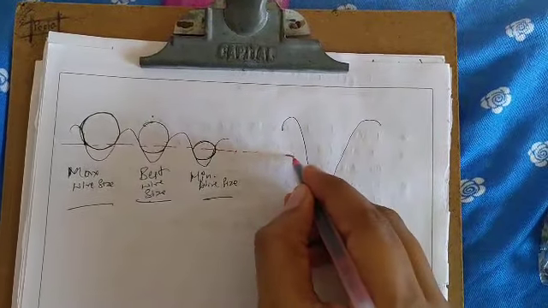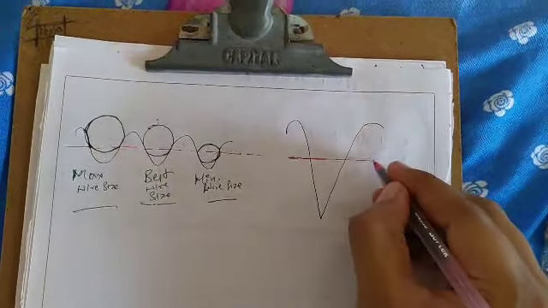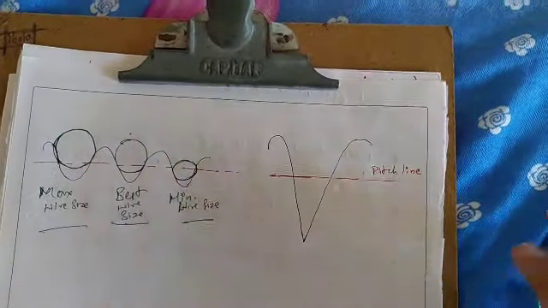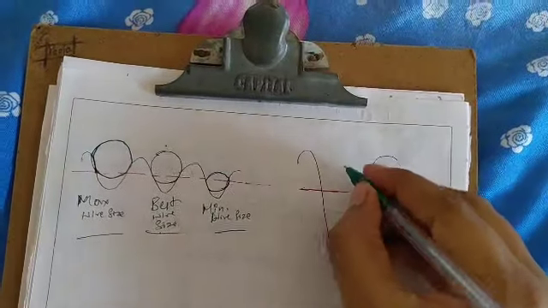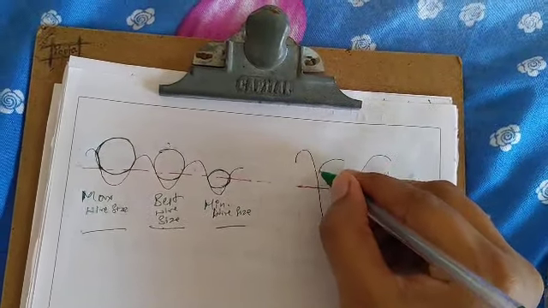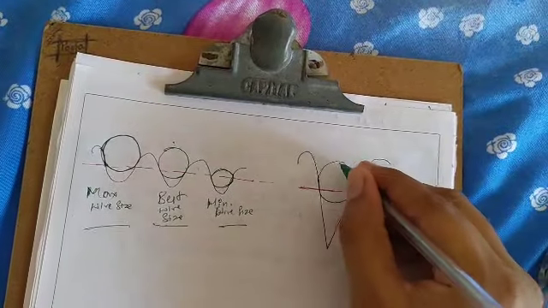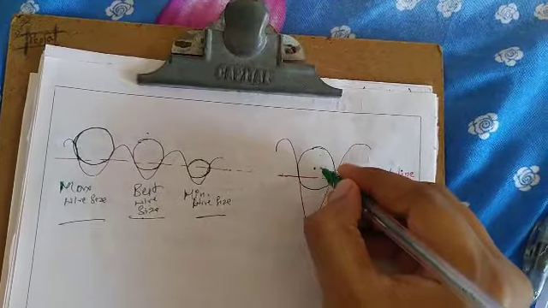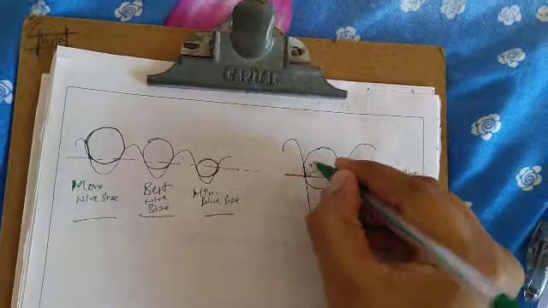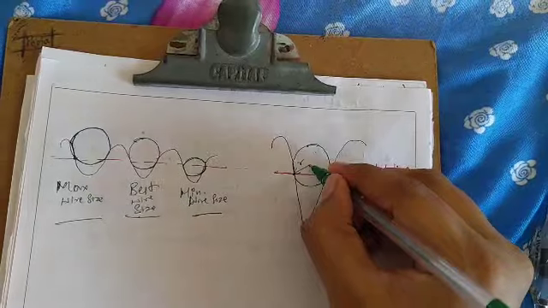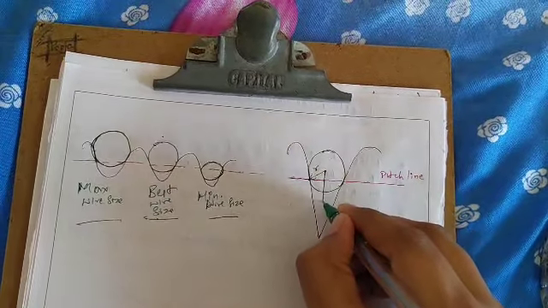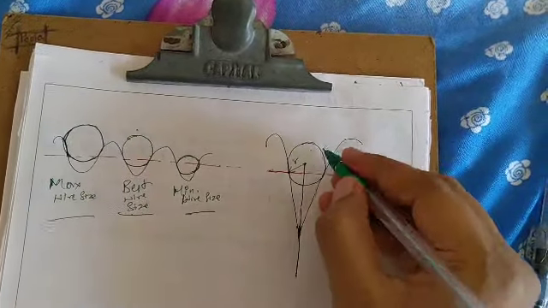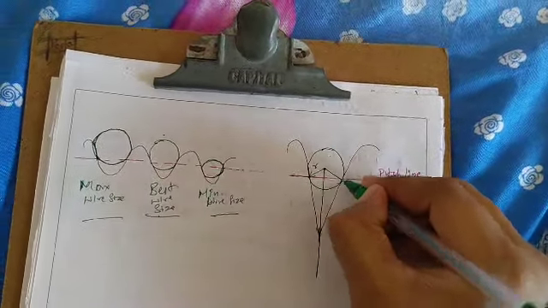This is the pitch line. I will draw one thread here, with the center at a distance of R, and another right angle triangle.